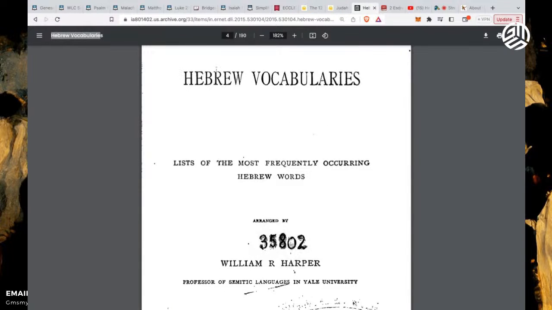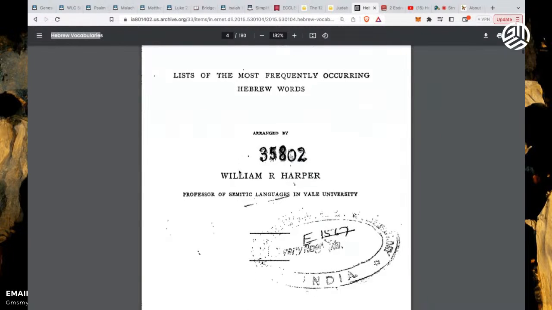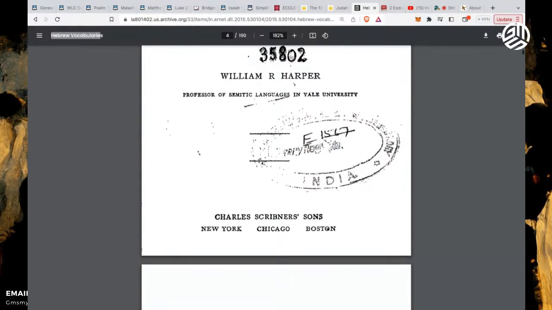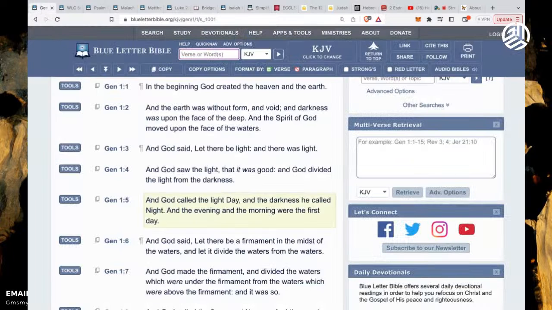It's called Hebrew Vocabularies, and it lists the most frequently occurring Hebrew words. So what this does is it allows you to prioritize the most frequently occurring Hebrew words and learn those first, as opposed to just trying to go on the Blue Letter and just try to click a random verse.